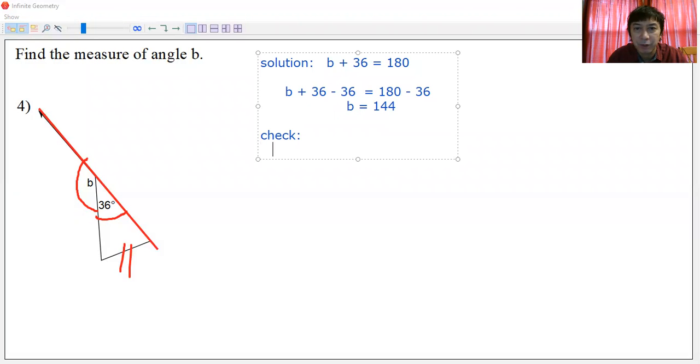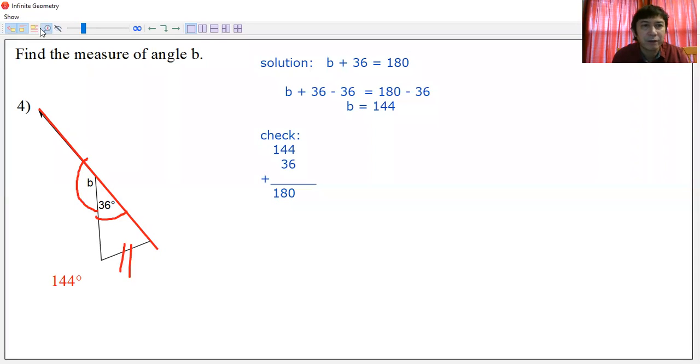You simply use the 144 and add 36, and that should amount to 180. That's the check. So our angle B should be 144 degrees, correct? Okay, that should be correct.